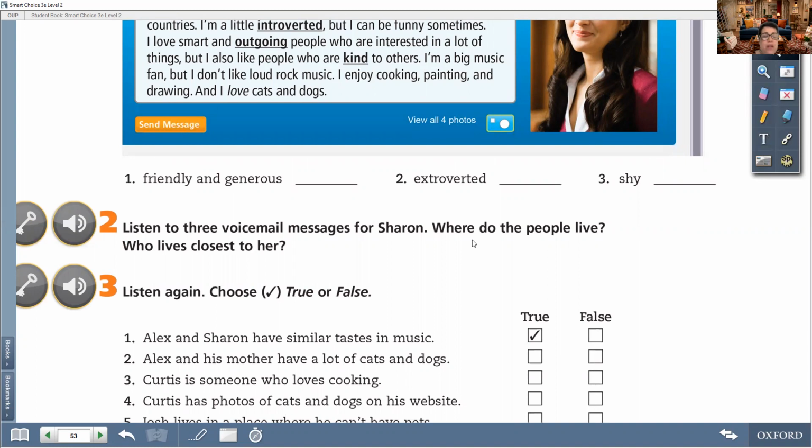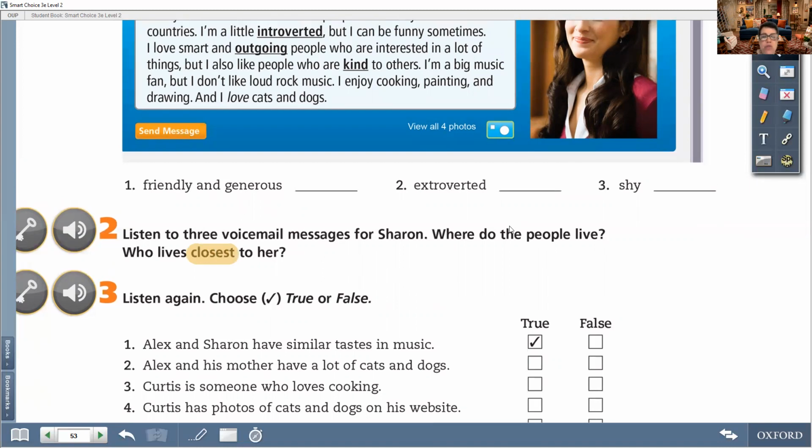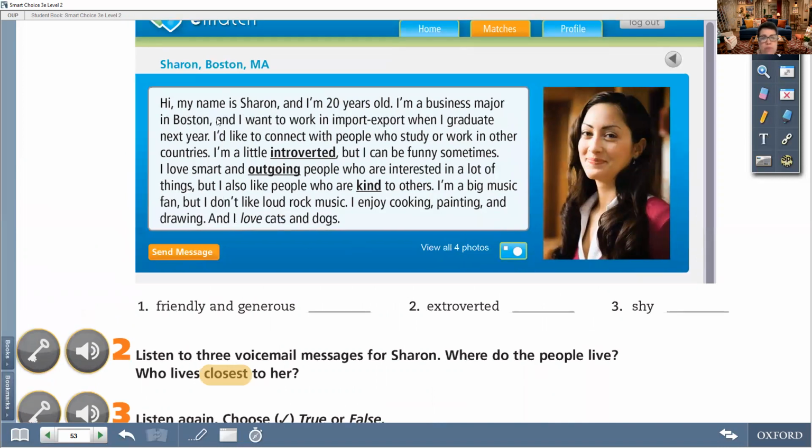Where do they live? And who lives closest to her? Okay, so the meaning of the word closest is, for example, in a short distance in relation to where she lives, right? So, for example, suppose you decide to create a profile on a dating website and you want to meet people who live closest to you. You live in Rio.